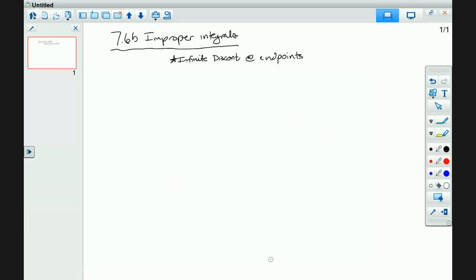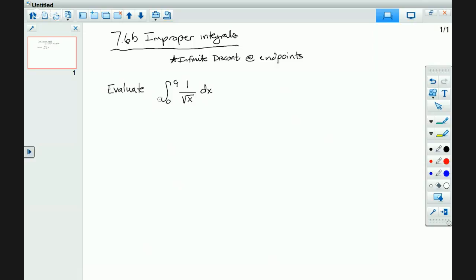So let's look at this one. All right, so notice the difference from yesterday. Yesterday we looked at some infinite integrand limit, right?